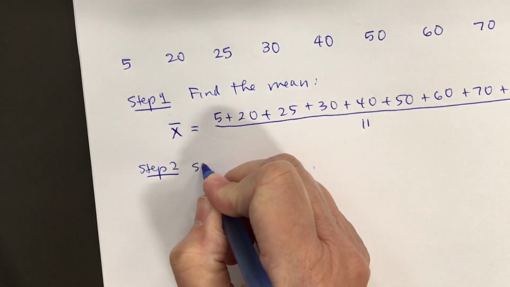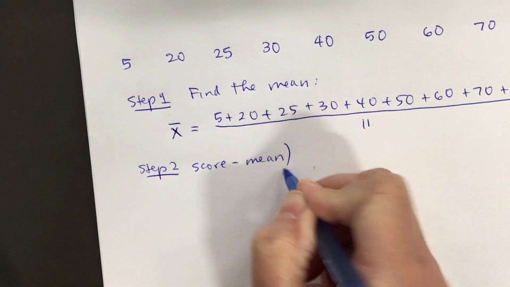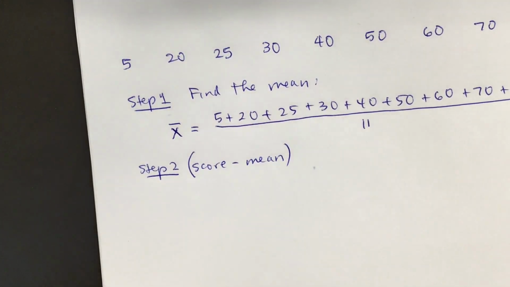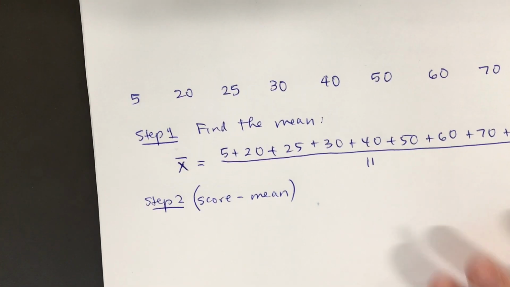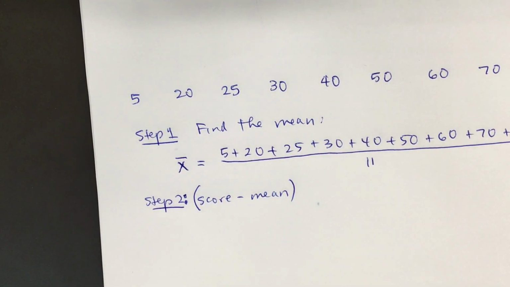Step 2, I'm going to write score minus mean. I'll put that in parentheses just because I have step 2, and then that's how you do step 2.